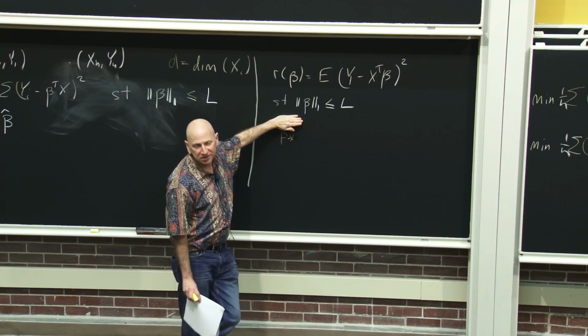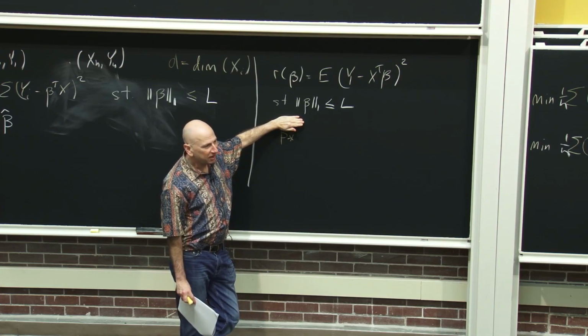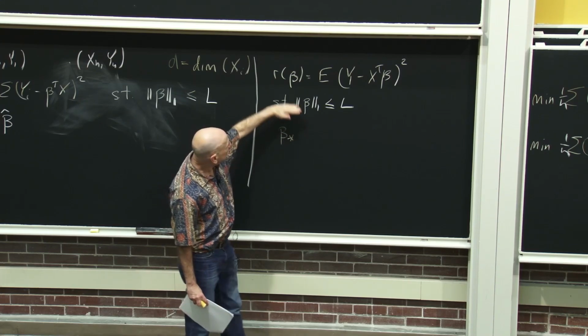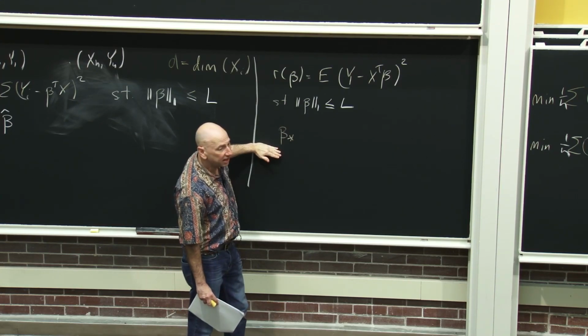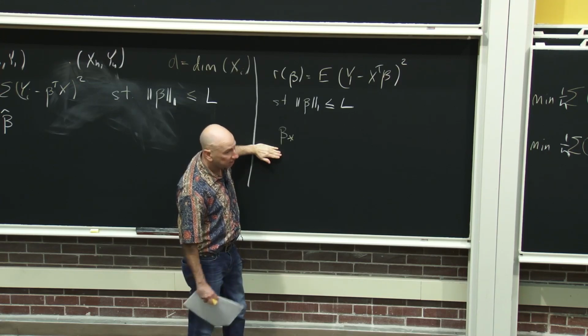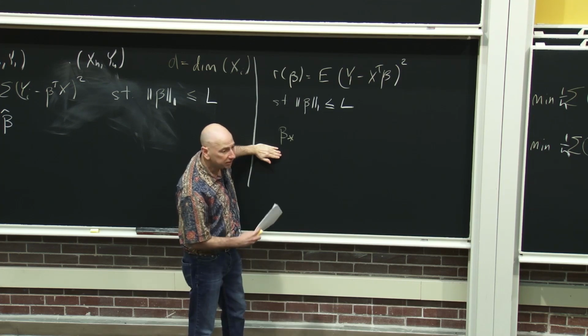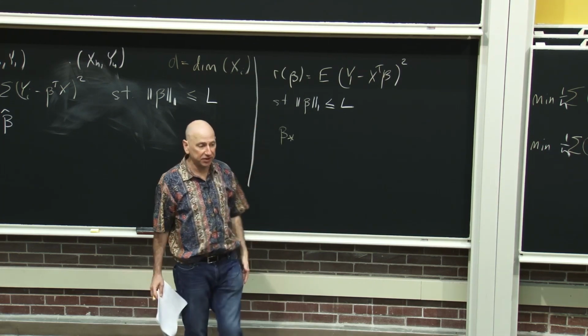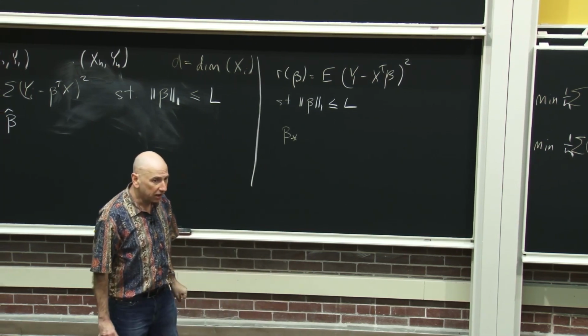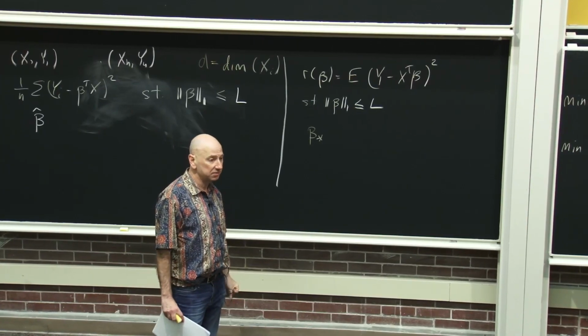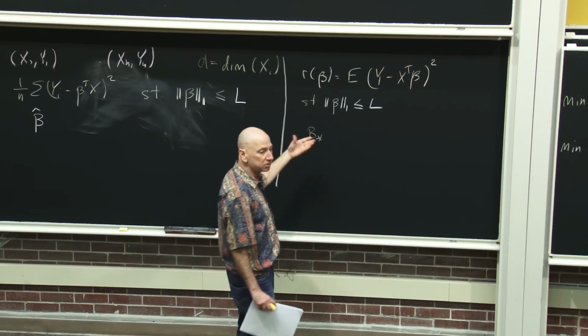I spent some time convincing you in the last class that the L1 norm does measure sparsity in some sense. So there is a sense in which the solution to this problem is the best sparse linear predictor. I agree there are other senses, like beta 0 instead of beta 1, but that's just a matter of definition. So this is a type of best linear sparse predictor.